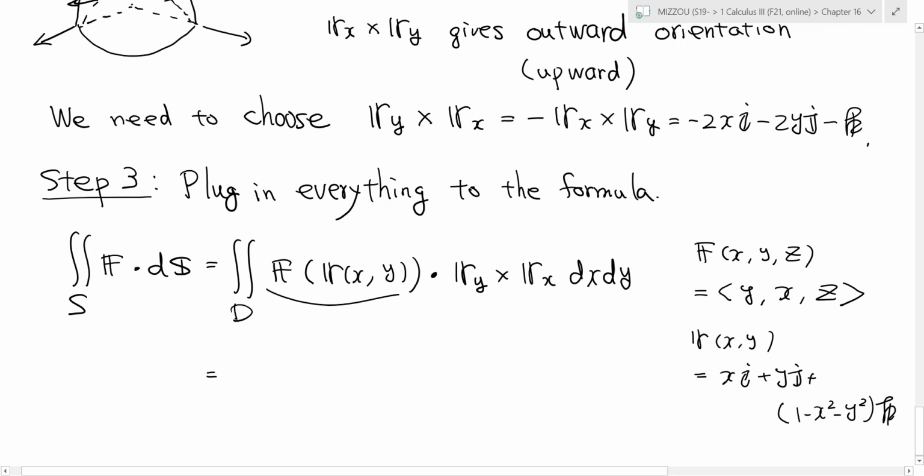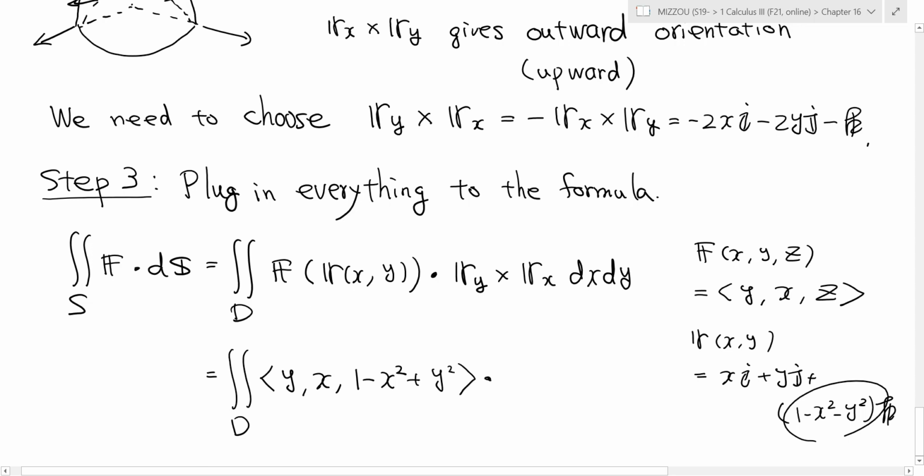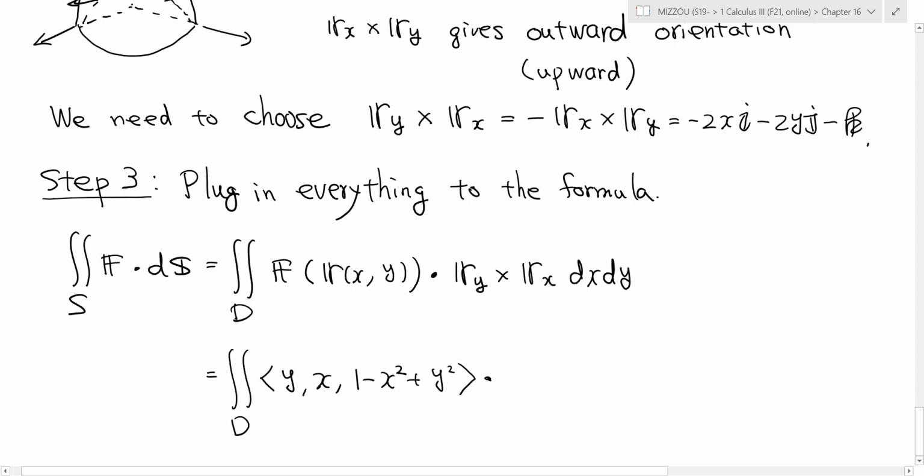So this is a double integral, using bracket notation: y is y, x is x, and z is this guy, squared, dot, this one.